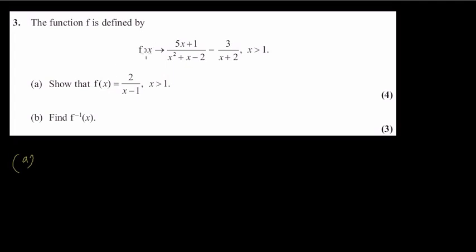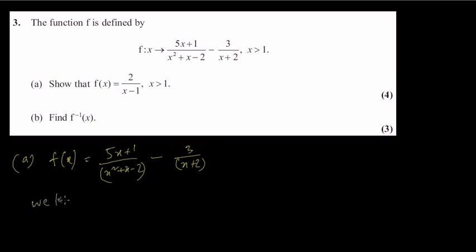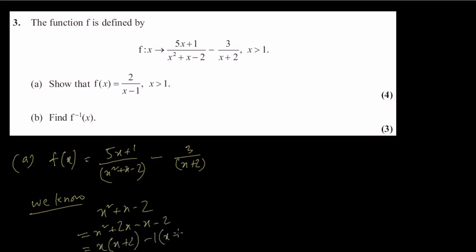So if they give the question like that, just go ahead and write it as f(x) equals 5x plus 1 divided by x squared plus x minus 2, minus 3 by x plus 2. Now in order to simplify this, we have to do middle term break here and do this separately. So we know x squared plus x minus 2, so if you do middle term break, 2 ones are 2, so x squared plus 2x minus x minus 2, so this would be x plus 2 minus 1 (x plus 2).